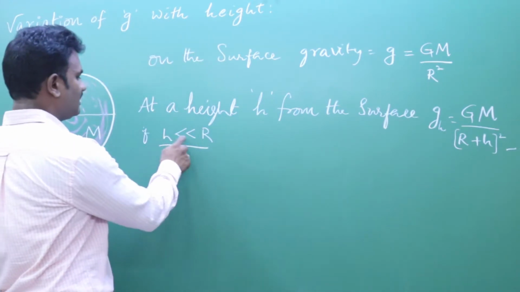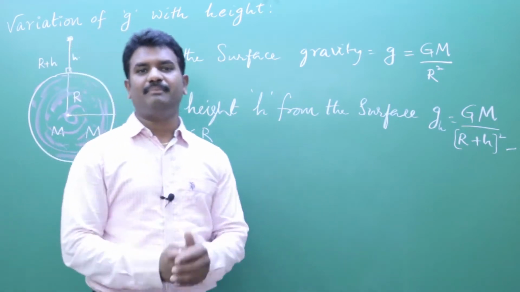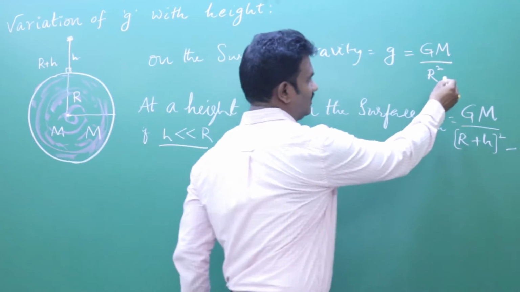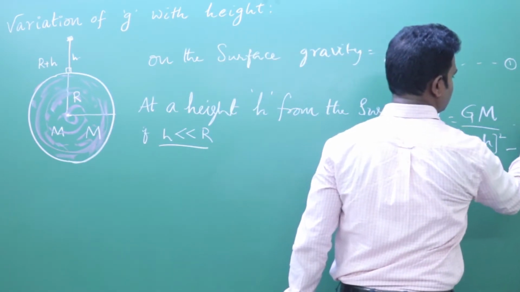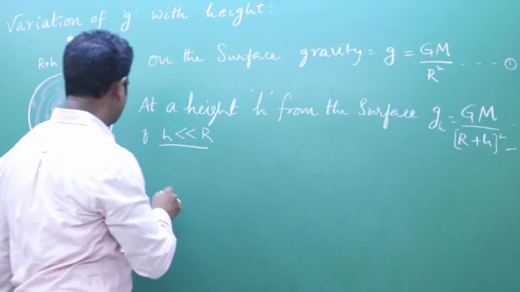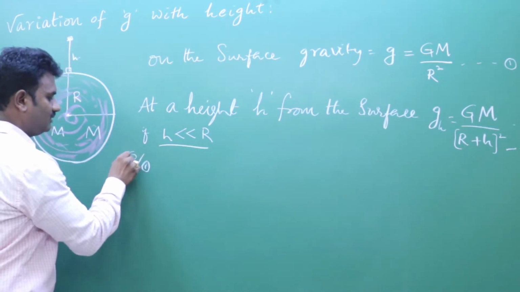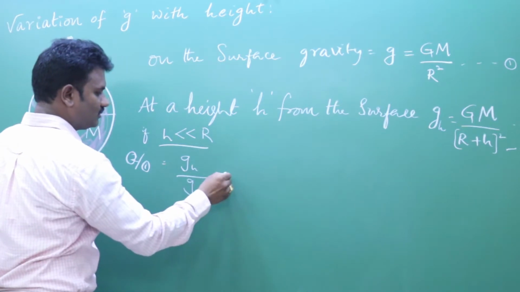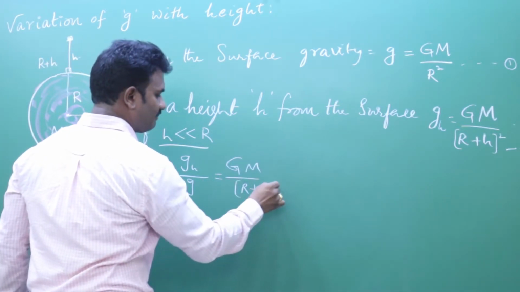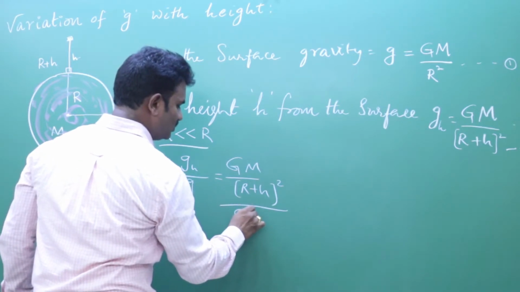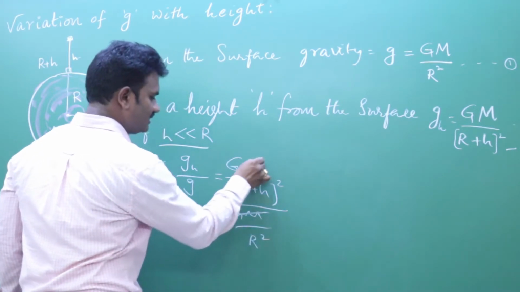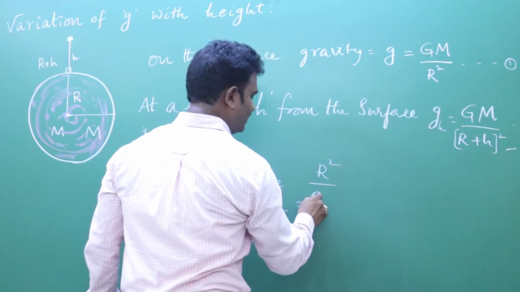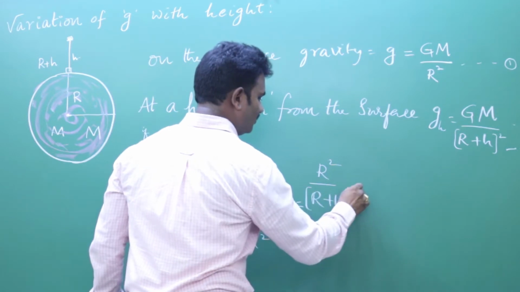That is, if h is much less than R, I am going to compare gh with g. If this is equation number 1 and this is equation number 2, I am going to do 2 by 1, which leads to gh by g is equal to GM by (R plus h) whole square by GM by R square. This gets cancelled and is left with R square by (R plus h) whole square.